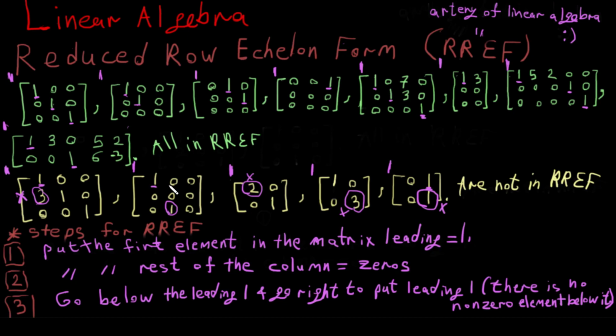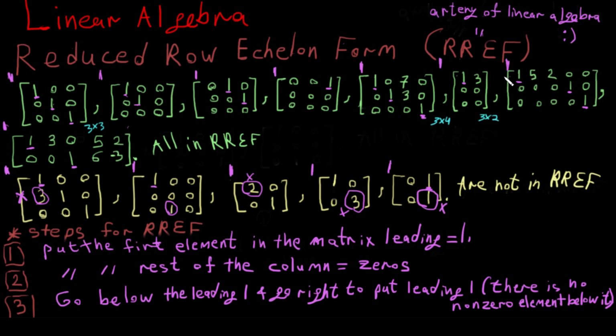Later I'm going to talk about more notes and examples. And as I said, I will put the dimension here: these are all 3 by 3, here 3 by 4, here 3 by 2.